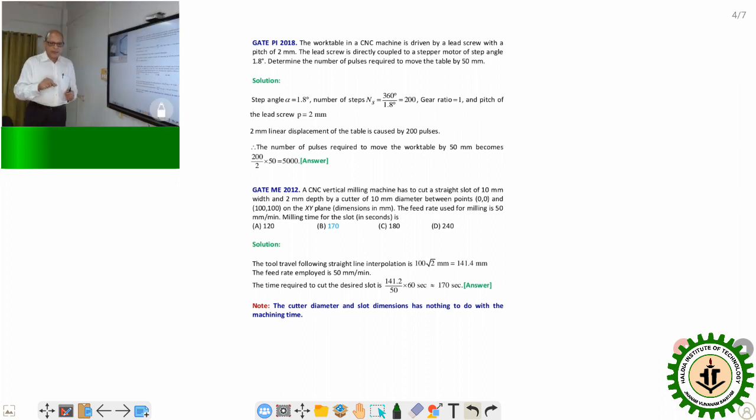In one cut, it is implied that the width of the slot is similar to the diameter of the cutter, and the entire 2 millimeter depth of cut can be covered. So these two dimensions have no relevance to the machining time calculation.